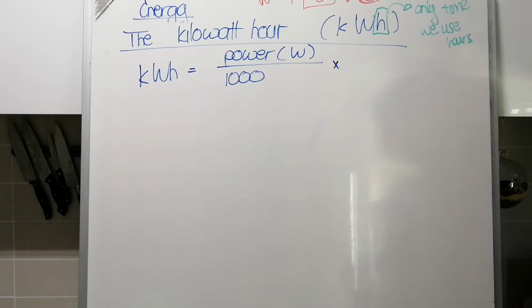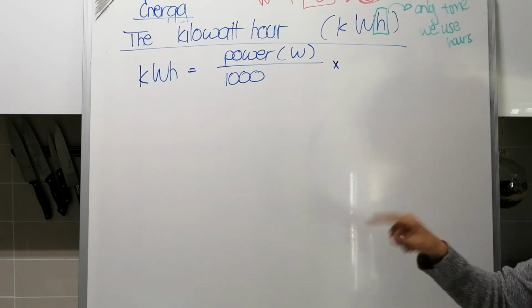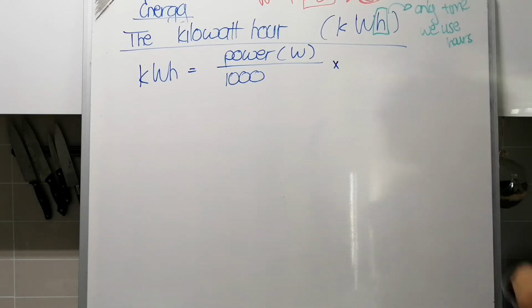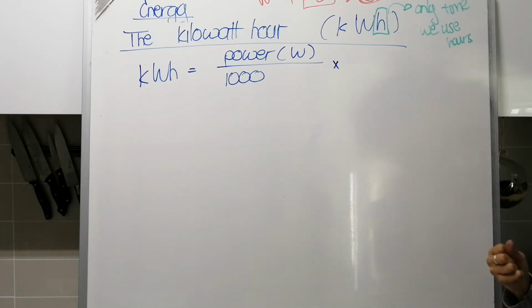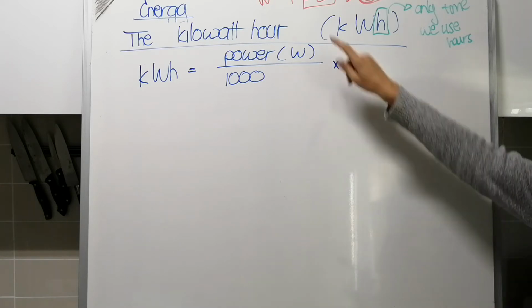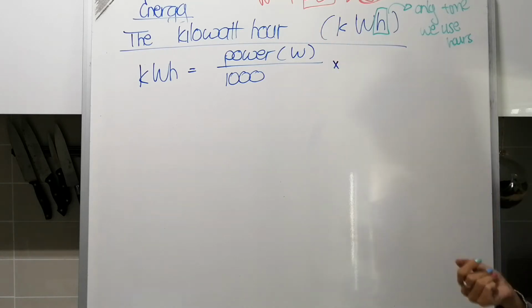So let's say I talk about boiling my kettle. Obviously, the more often and for the longer that I boil the kettle, the more electricity it's going to use, right? The more my electricity bill will be at the end of the month, depending on how long I use that kettle for, or how long your geyser is running, or how long you leave the fridge door open. It's going to use electricity for a longer time, so it's going to use up more power, more kilowatt hours, more money.